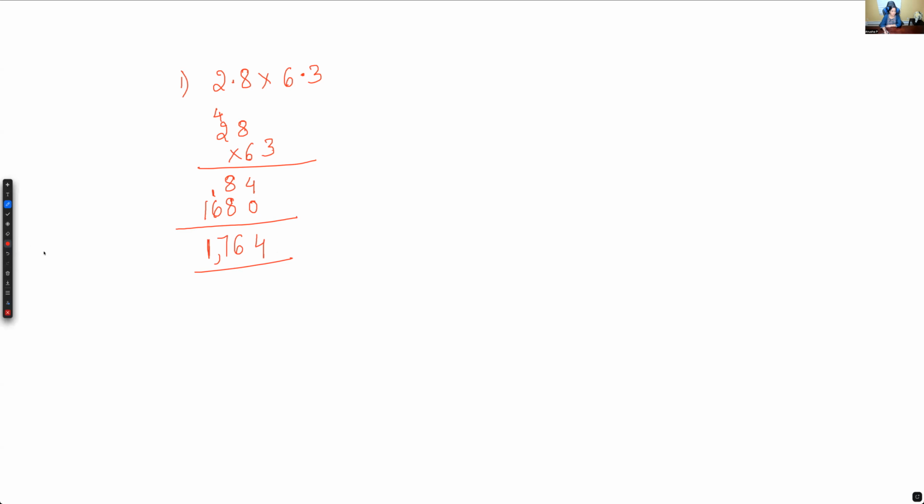Step 2 is to count the decimal places. So 2.8 and 6.3. Decimal places is nothing but how many digits you have after the decimal point. In 2.8, we have only one decimal place.